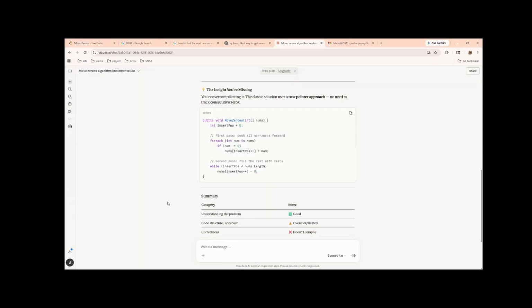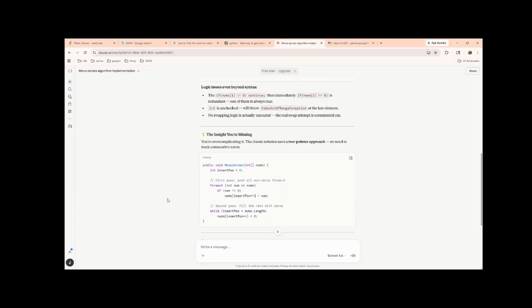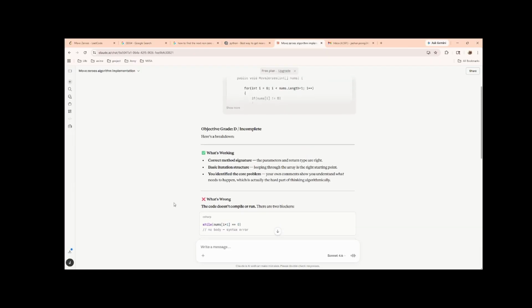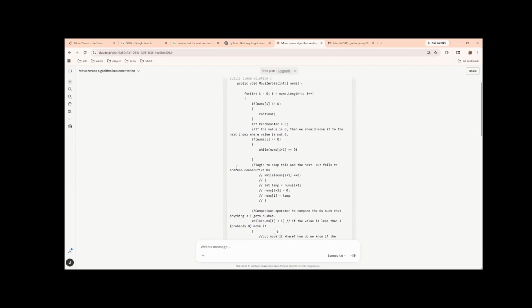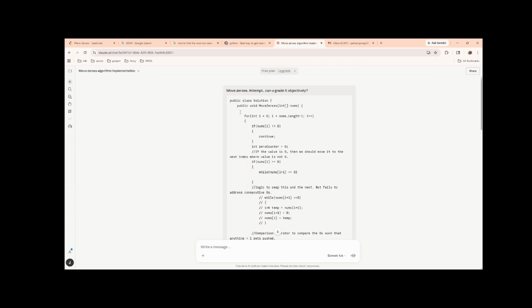Okay, I am looking at the solution. So obviously it was very much incomplete. I looped through the array, and if they were not 0, I didn't touch them. And if they were 0, then I was going to move them back.